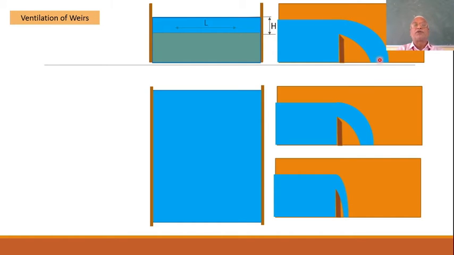it comes out as a sheet of water. Now you can just see here that the sheet and these walls are closed, and here there is an air pocket that will be held in between, because when the sheet comes out, the sheet covers the full width.